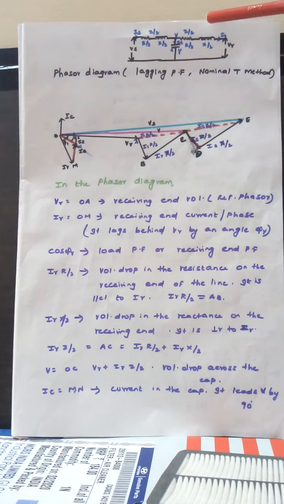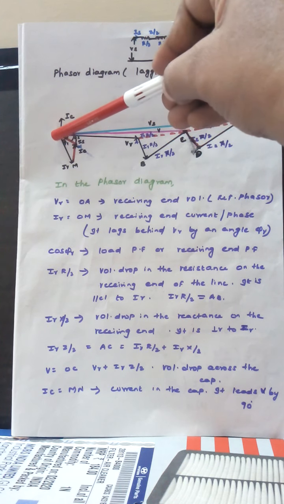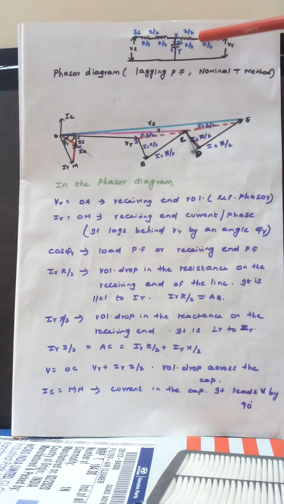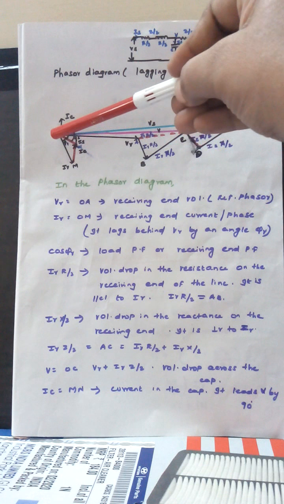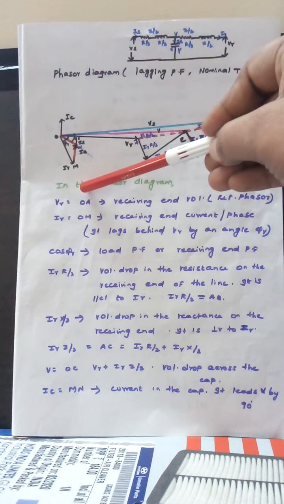Next I have to draw the drops, correct? So it is IR into R by 2 and IR into X by 2. That is the voltage drop in the resistance on the receiving end and the voltage drop in the reactance on the receiving end. If I am drawing IR into R by 2, already we know this is your IR, correct? This resistive drop will always be in phase with your current IR.